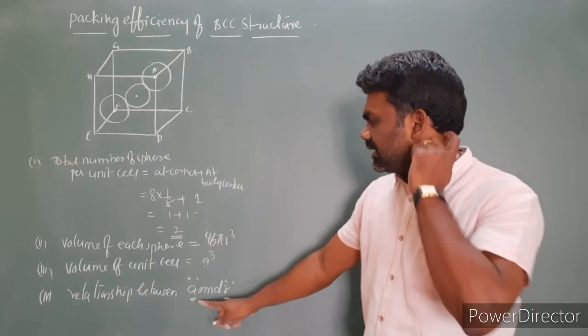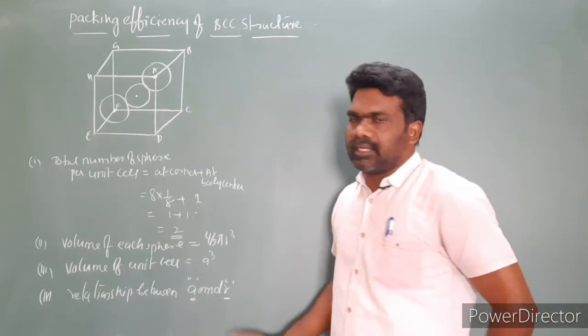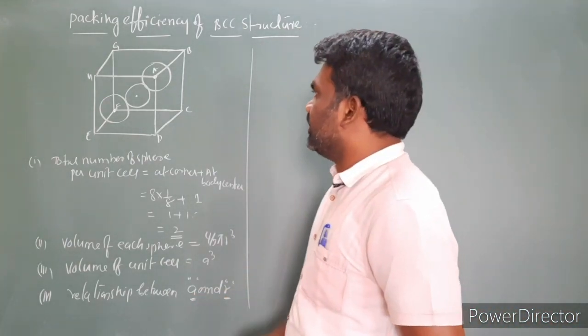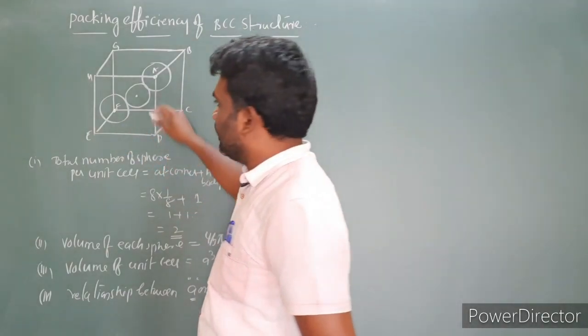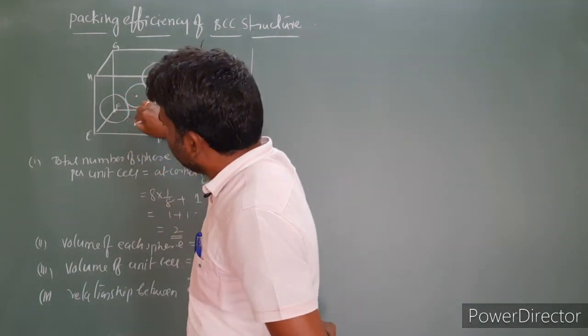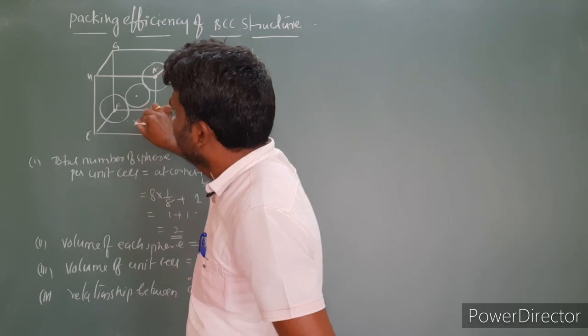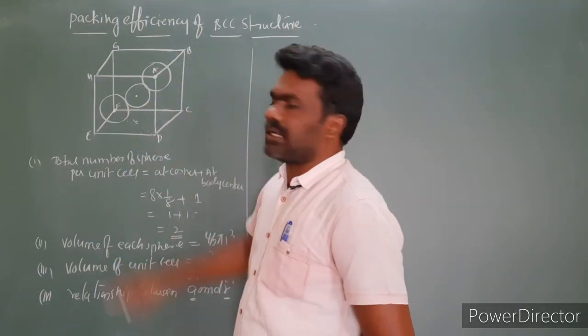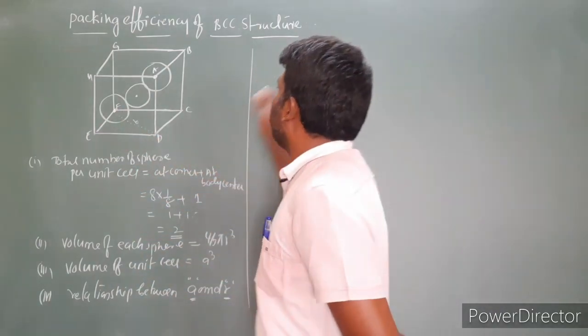So first we have to find the relation between a and r. For this case, first we have to find out the face diagonal. This face diagonal I am labeling as b. I am taking triangle EFD.